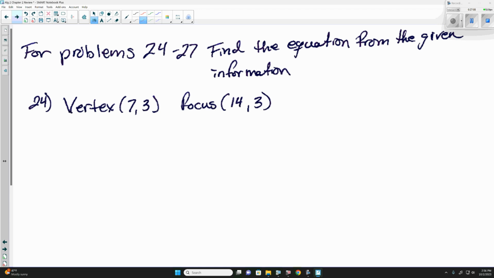Find the equation from the given information, vertex and focus. So we need to find the value of h, k, and p. Well, the vertex is the point h comma k. Well, the h value is?